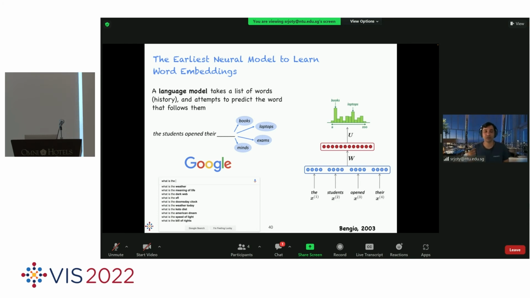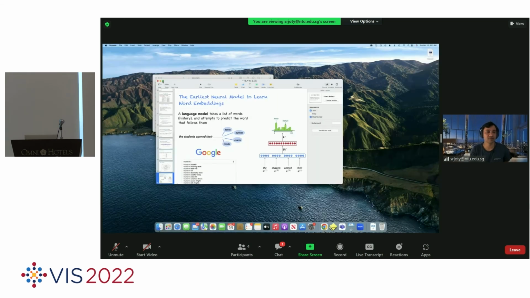So basically, it will try to define a probability distribution over the vocabulary, and this distribution should give what should be the next word. So the students opened their books, the students opened their laptops, the students opened their exams or minds, and so on.